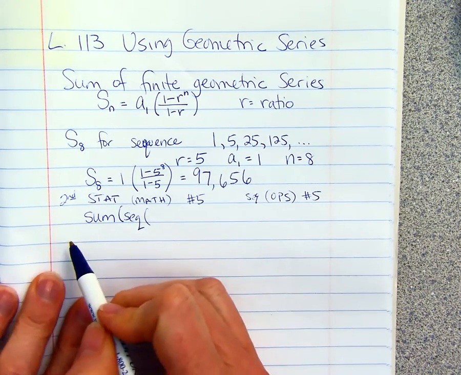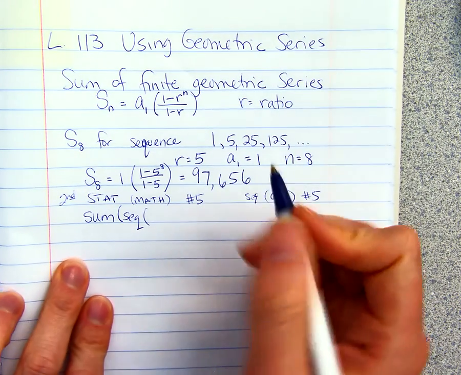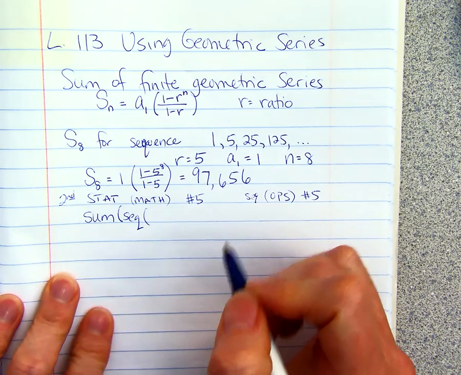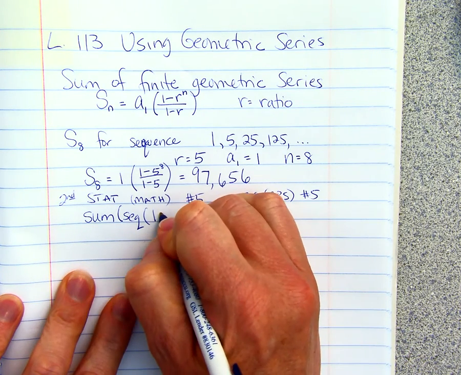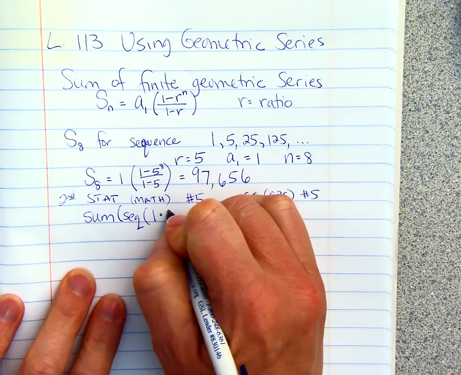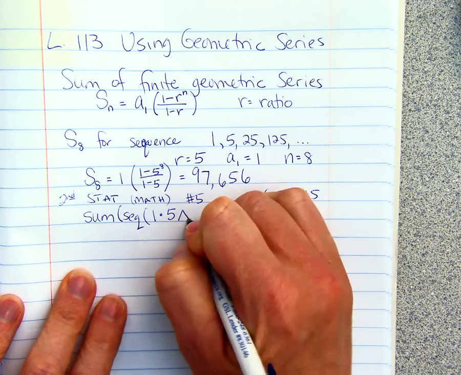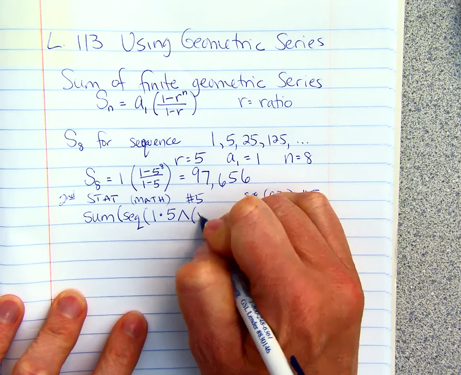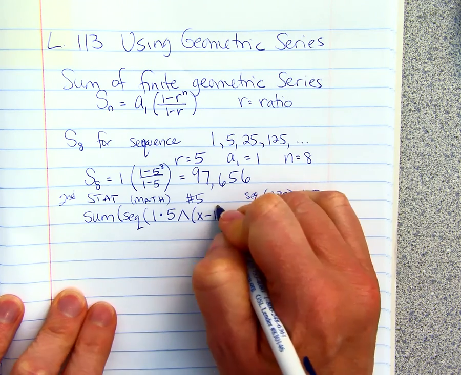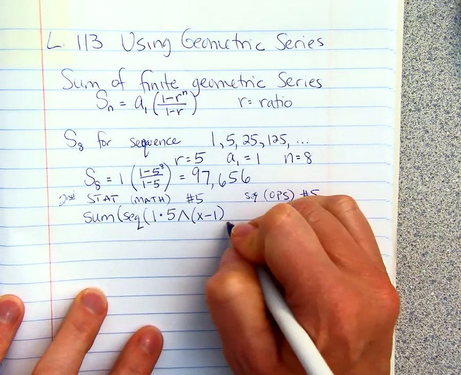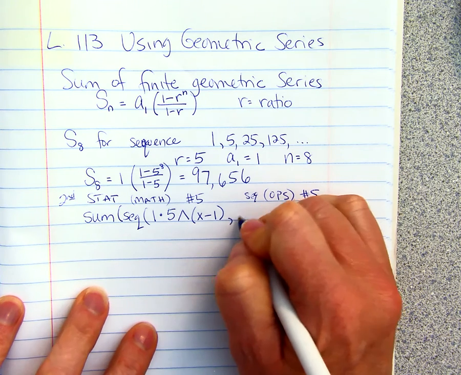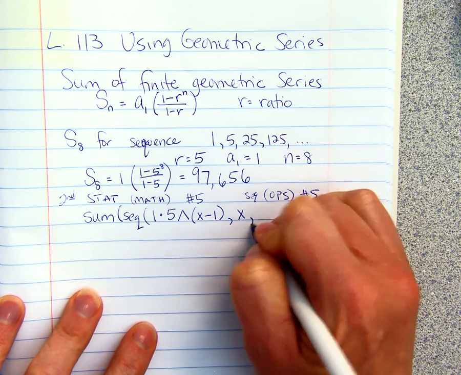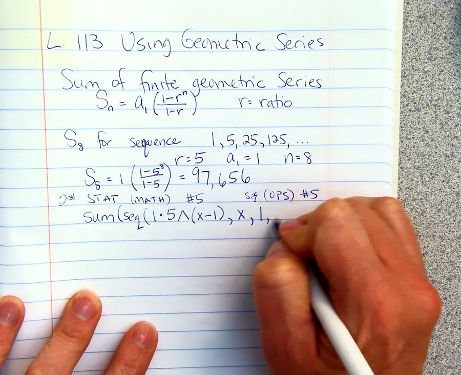So you do sum and then sequence, and you type in your a sub 1 times your r raised to the x minus 1, then a comma, x, comma, 1, comma, 8.